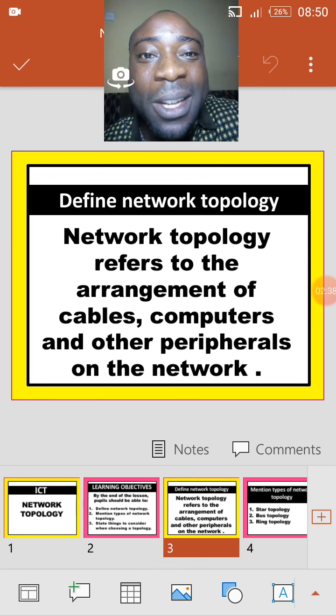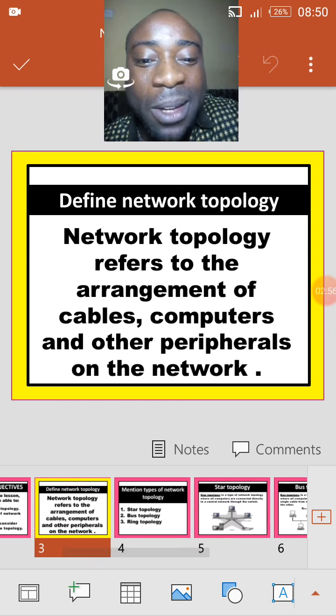And that's what we are learning today. That's what we mean by topology. So let's define it again. Network topology refers to the arrangement of cables, computers, and other peripherals on the network. I believe you get that.